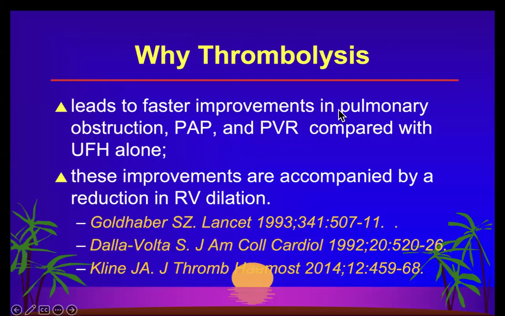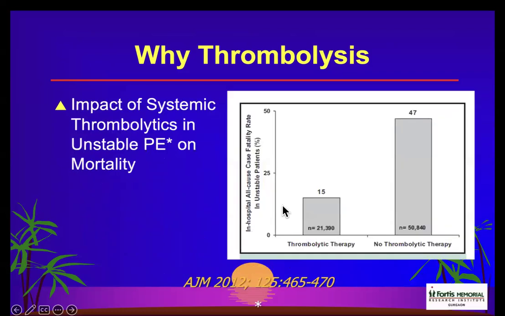Thrombolysis leads to faster improvement in pulmonary obstruction, pulmonary artery pressure, and pulmonary vascular resistance compared with unfractionated heparin alone. And these improvements are accompanied by reduction in RV dilatation. This study was published in the American Journal of Medicine, which showed that the mortality was 47% when no thrombolysis was done, whereas the mortality was 15% when thrombolytic therapy was given.